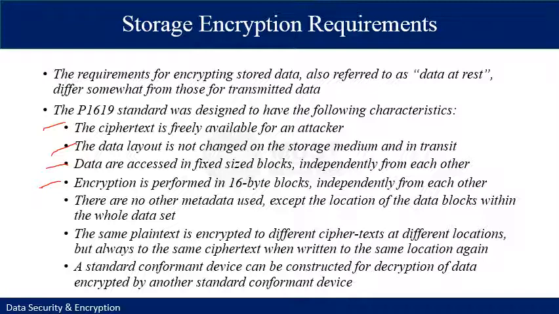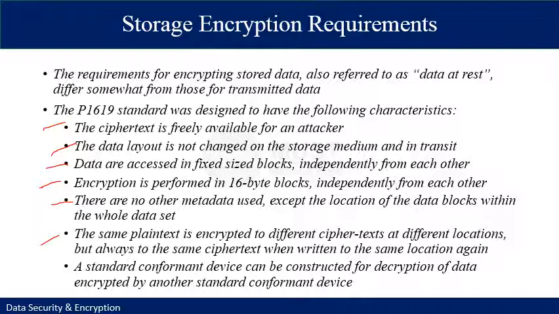So there are no other metadata used except the location of the data blocks within the whole dataset, and the same plain text is encrypted to different ciphertexts at different locations, but always to the same ciphertext when written to the same location again. And a standard conformant device can be constructed for decryption of data encrypted by another standard conformant device.